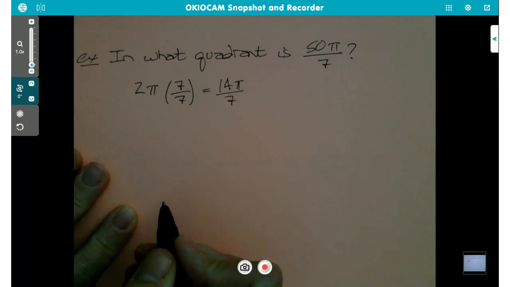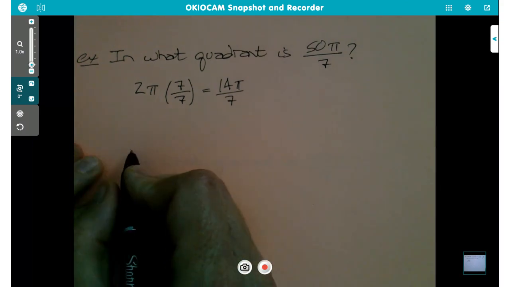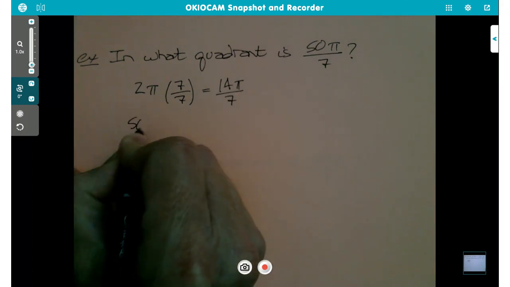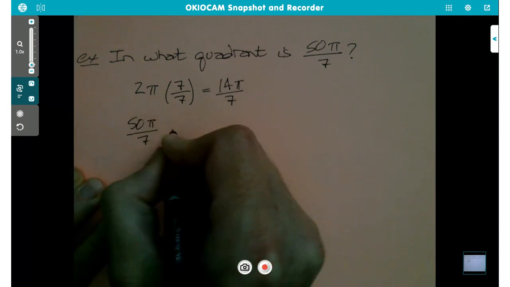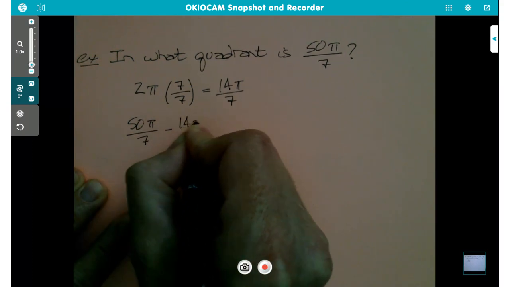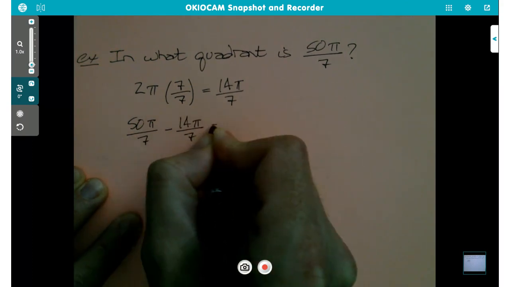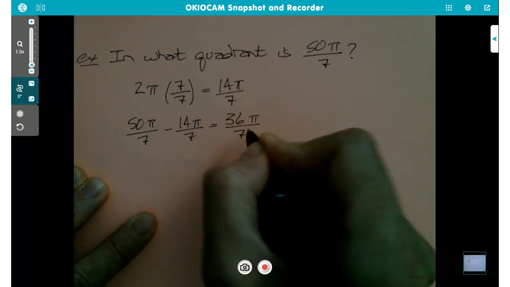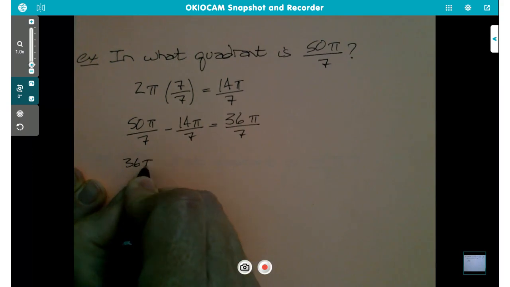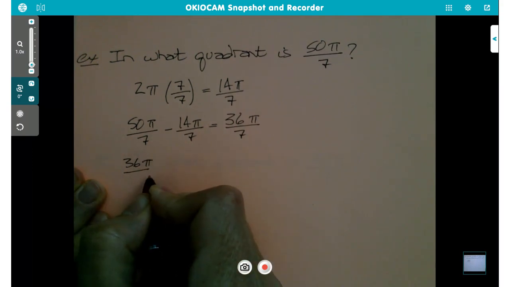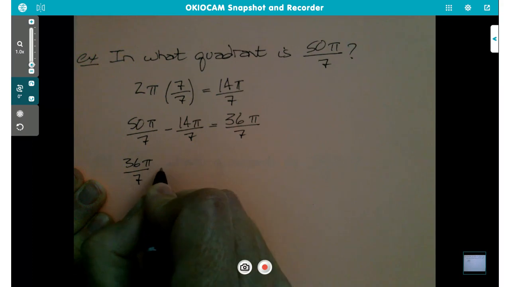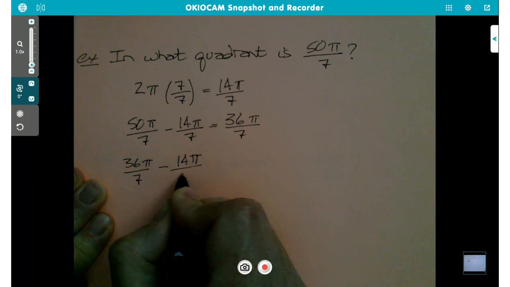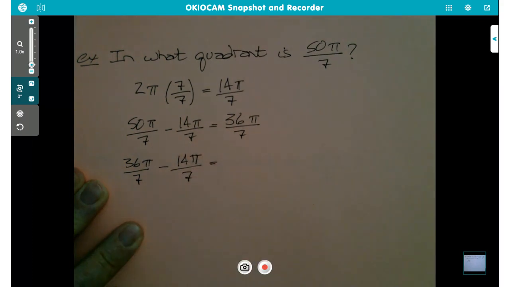But we can find coterminal angles, which will start and end in the same quadrant as my original. So I'm going to take my 50 pi over 7, and I'm going to subtract 14 pi over 7, and that gets me still too much. So I'm going to take that, and I'm going to subtract another complete revolution, another 14 pi over 7.